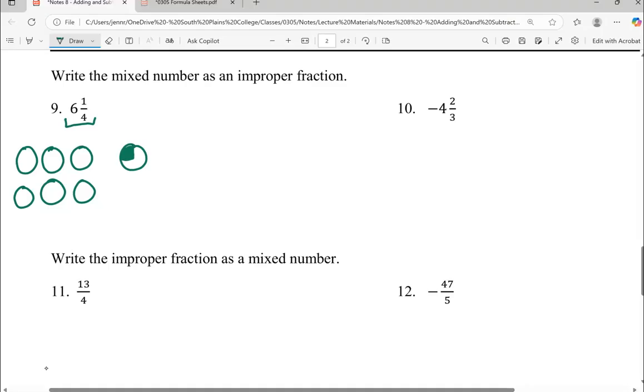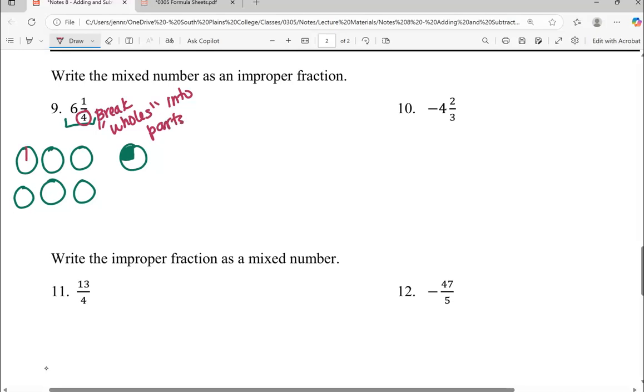Now, if I'm going to write this as an improper fraction, what I have to do is use the denominator. I need to use that denominator to break my wholes, my whole numbers, into parts.